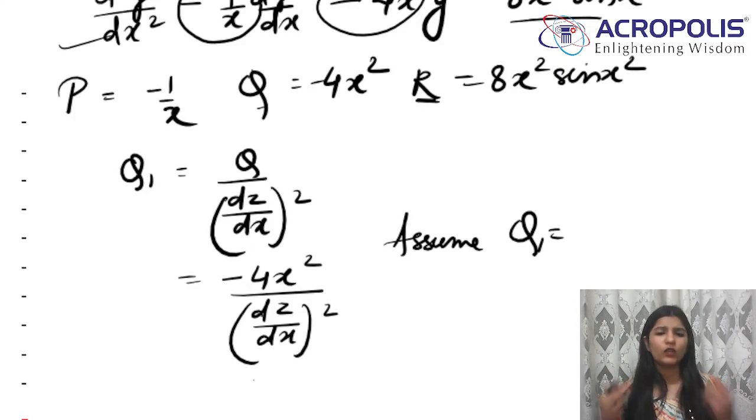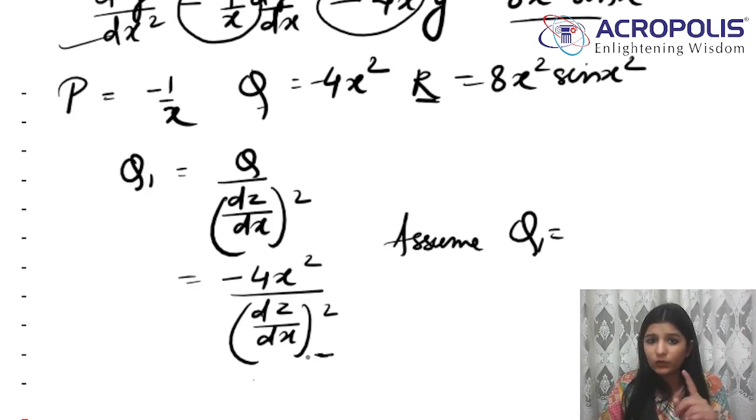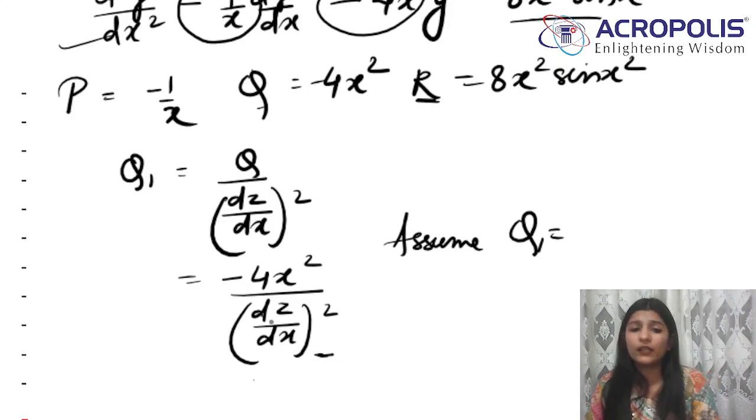You can take whatever constant you want, 1, 2, 3, 4, but you have to make sure that after taking the constant, the value will not become imaginary, because here the denominator is a square, and when you take the square root, the value can be imaginary if you take a negative value.